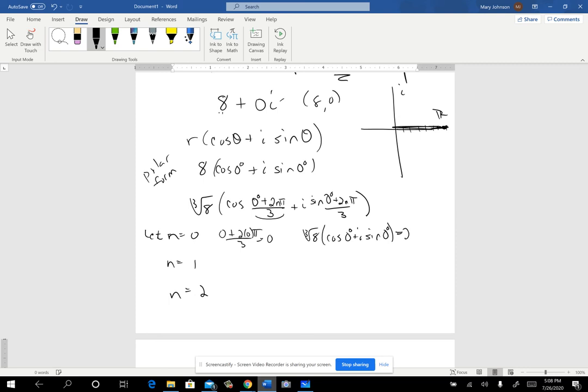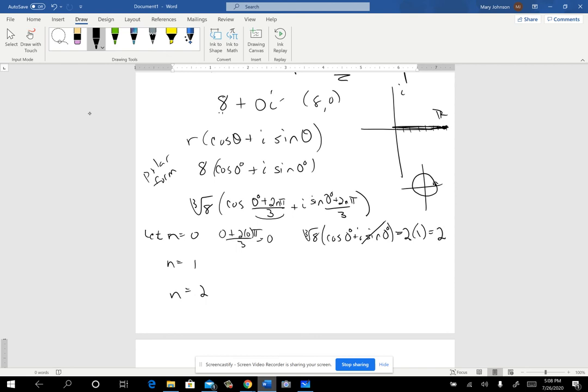The cube root of 8 is 2. And then think about cosine of 0. Cosine of 0, isn't that 1? Sine of 0 is 0, so that part's gone. So you get 2 times 1, or 2. So that's the one you knew.